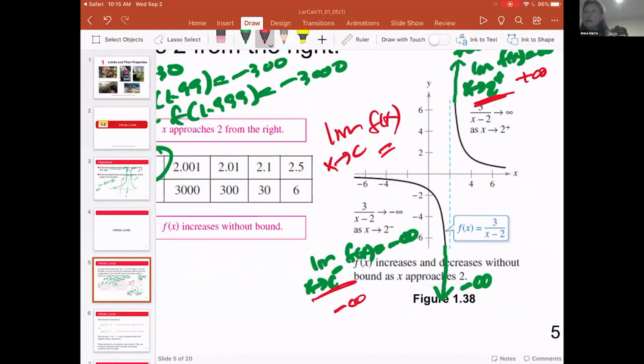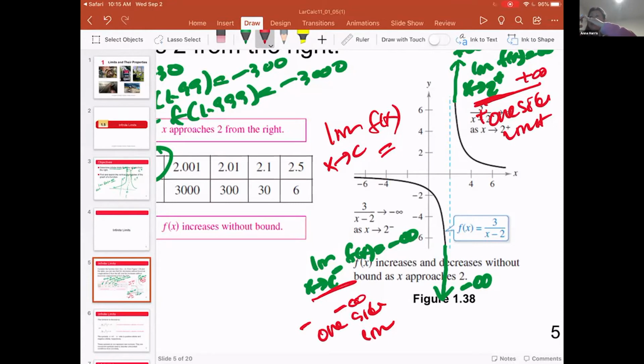Yes or no? I have one-sided limits, the negative side and the positive side limit. Do I have the limit? Do I have the same number? Is the left-hand side and right-hand side the same number or a different number?